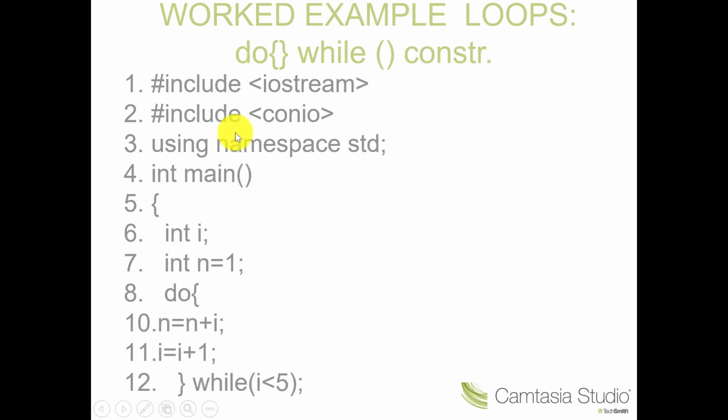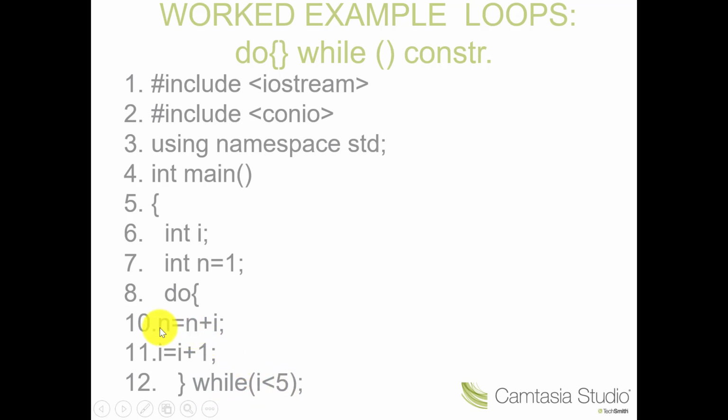The program looks more or less like the other two programs that we have been analyzing, except that the loop is implemented using the keyword do, which culminates with a while closure and a condition that follows it.